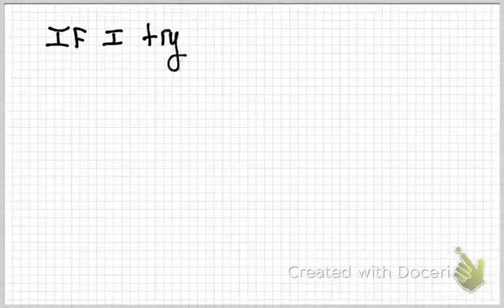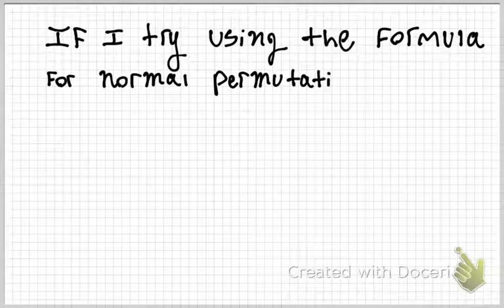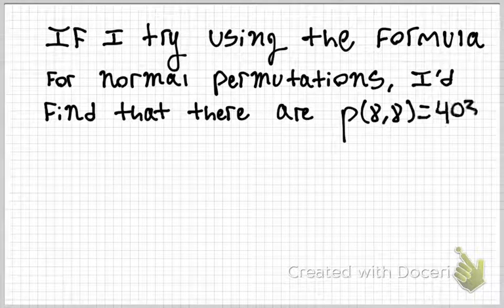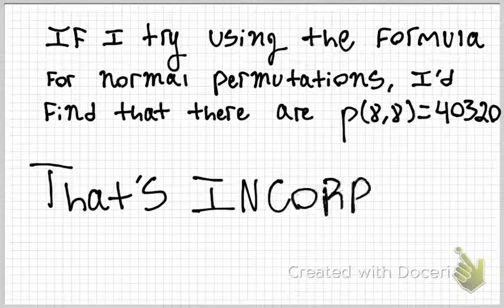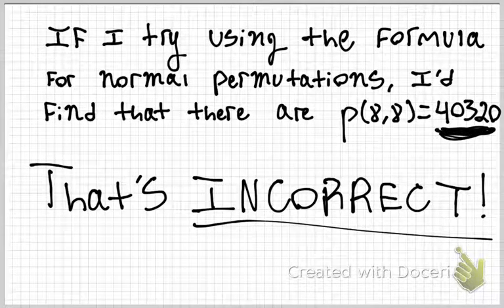Now, if I try using the normal formula for permutations, if I try calculating the number of permutations as if alike characters are distinct from each other, I would end up with this many permutations.